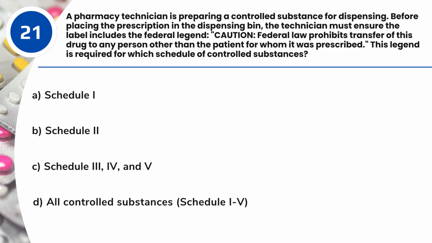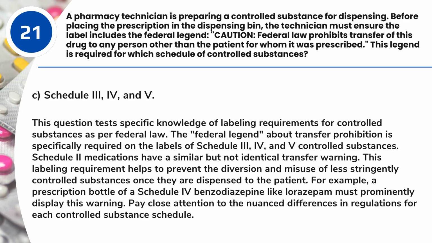Answer: C. Schedule 3, 4, and V. This question tests specific knowledge of labeling requirements for controlled substances as per federal law. The federal legend about transfer prohibition is specifically required on the labels of Schedule 3, 4, and V controlled substances. Schedule 2 medications have a similar but not identical transfer warning.